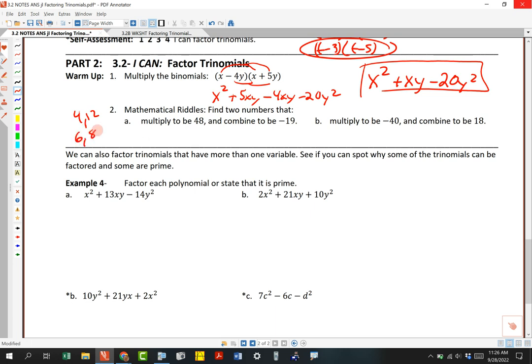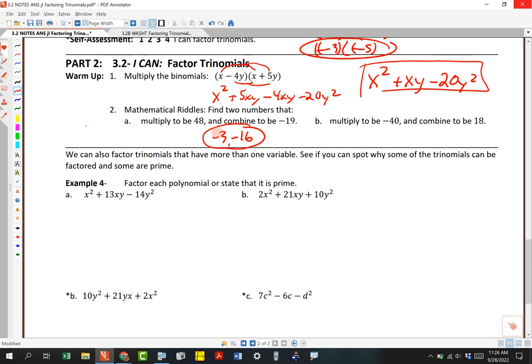If 6 and 8 popped into your head, they multiply to be a 48, but you can't make a 19 out of those, no matter what the signs are. Okay? So a little bit of a unique factor. What would work here? D? -3 and -16. -3 and -16.